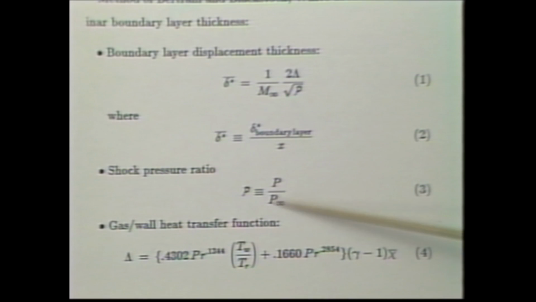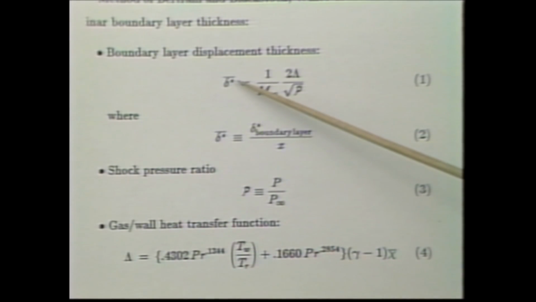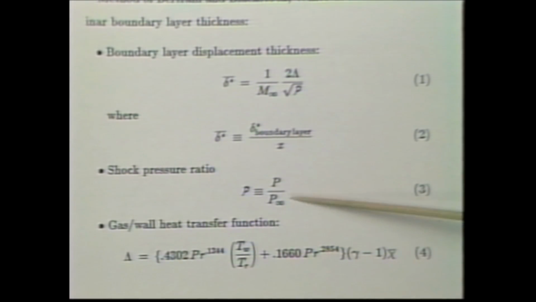You can think about this pressure ratio as being the pressure associated with a shock that would correspond to the inclination of the surface where we're evaluating the boundary layer displacement thickness. In other words, the boundary layer displacement thickness is very sensitive to the strength of the shock. Stronger shock, higher pressure ratio, squeezes down the boundary layer, it gets thinner.